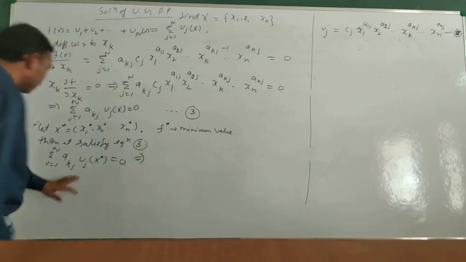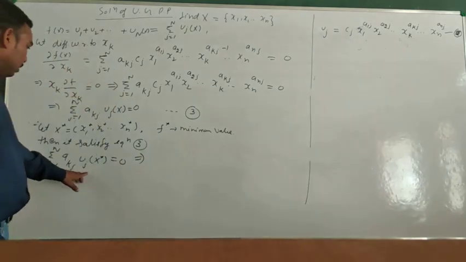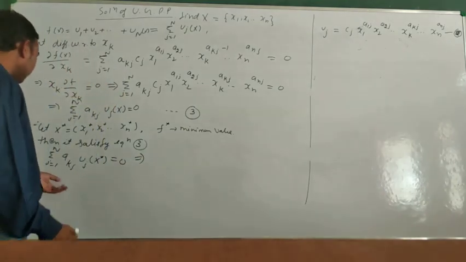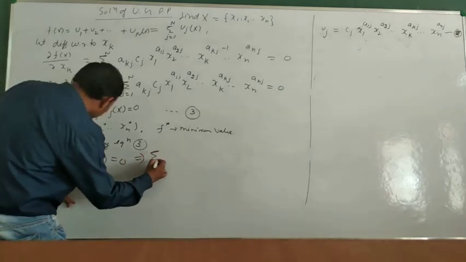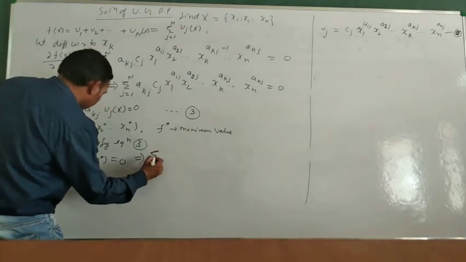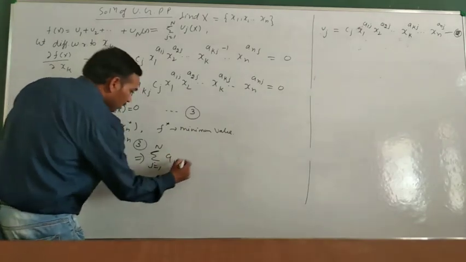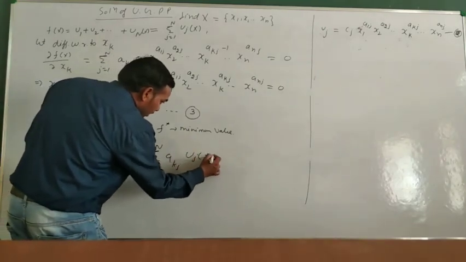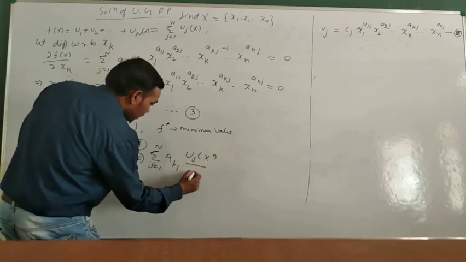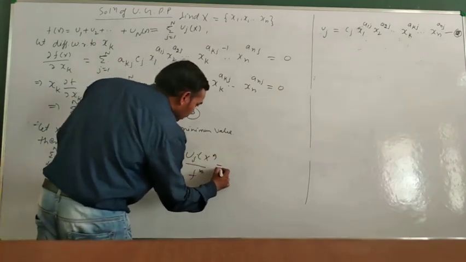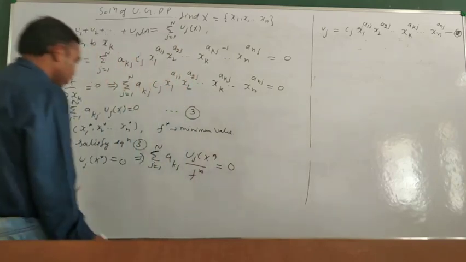If we divide by f star, I think there is no harm, which implies the sum over j equal to 1 to n of akj uj star upon f star equal to 0.